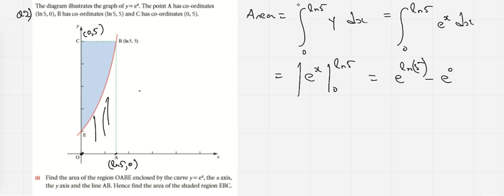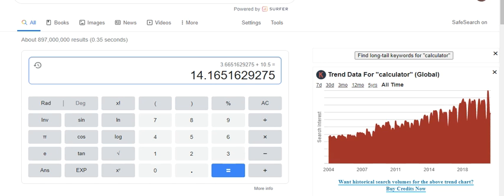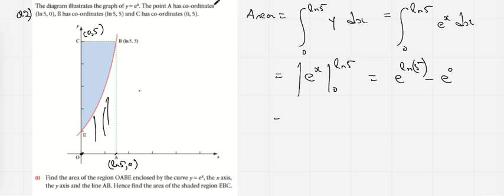You can further confirm it through a calculator: if I write e with power ln 5, you see ln and e cancel each other's effect, and what is left is 5. So we write 5 minus e power 0, which is 1, so it is equal to 4 square units. So the area of the required region OABE is 4 square units.